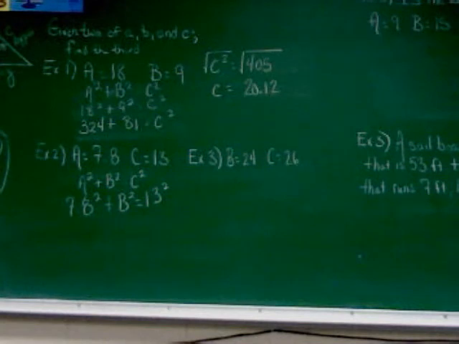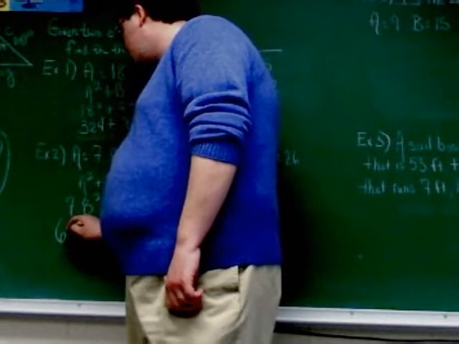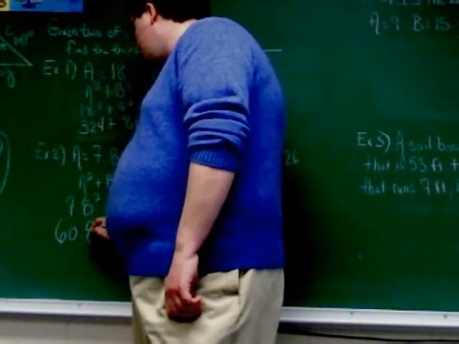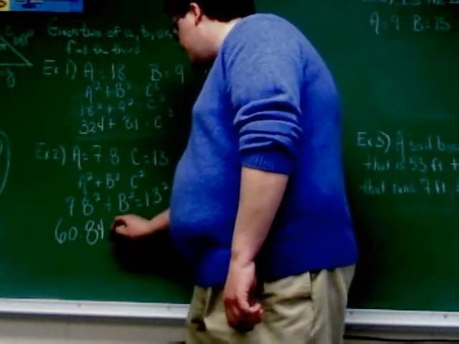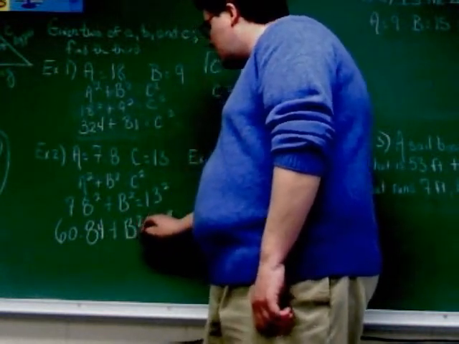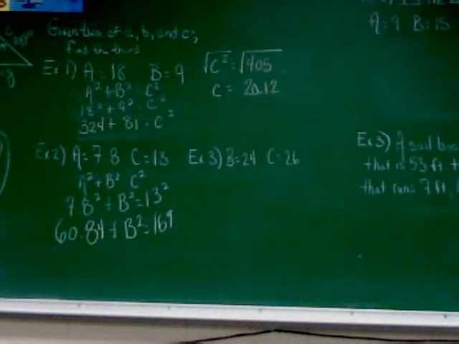All right. So now we've got to simplify that. A couple things we can do right now. 7.8 squared makes 60.84. 13 squared makes 169. Now this is the point where some people start to panic because this doesn't look like something we've seen before.